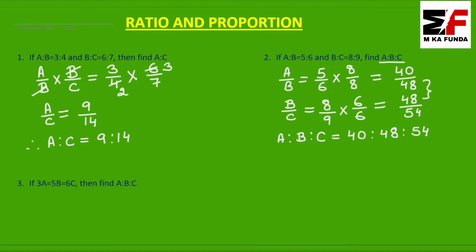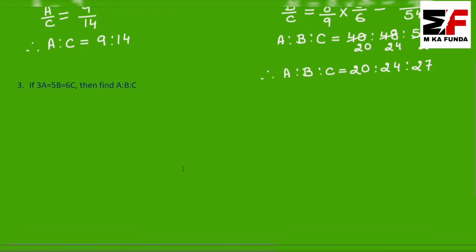Now we can't leave it like that, we must reduce it into its simplest form. So when you reduce, you get 20, you get here 24 and you get here 27. So therefore we write A is to B is to C is equal to 20 is to 24 is to 27.